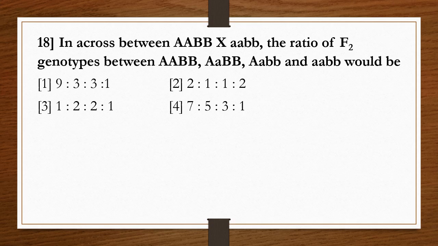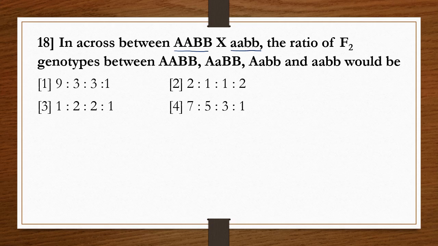This is the ratio. So what do we need to find? The cross is made between AaBb and aabb.